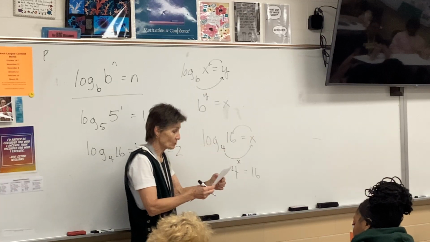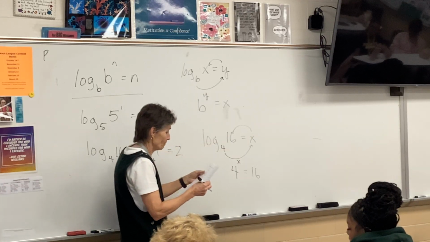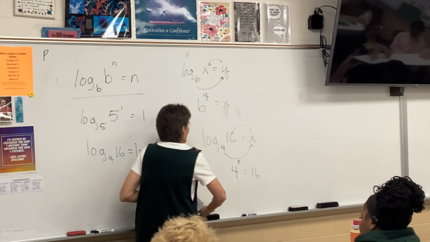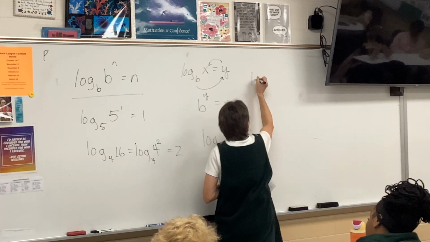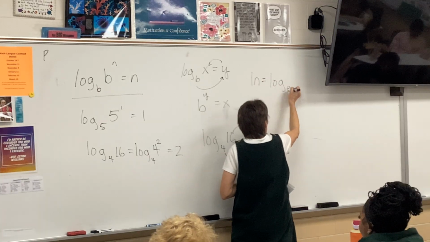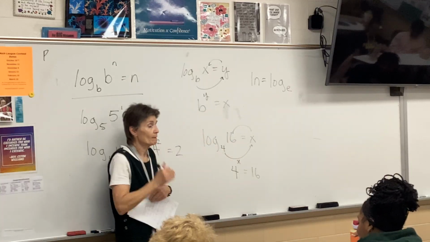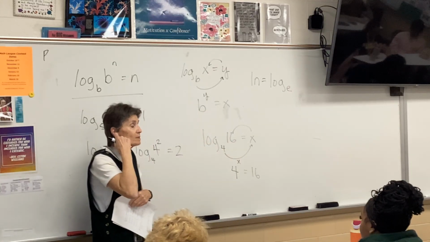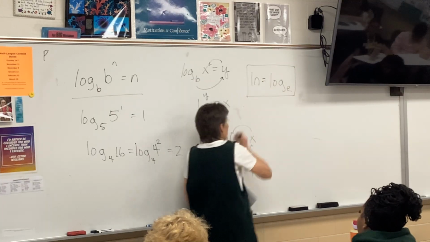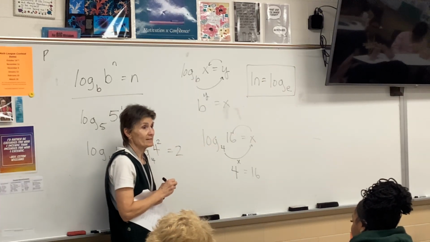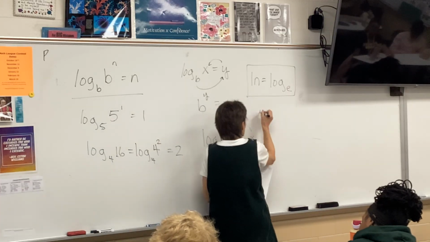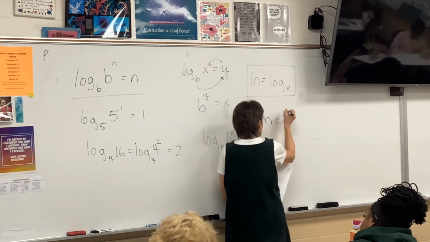All right, so let's look at, well, I might as well just throw in the next one. ln. Did you remember that ln is log base e? When you see the symbol ln, it stands for log base e. So problem 3 says ln e cubed.